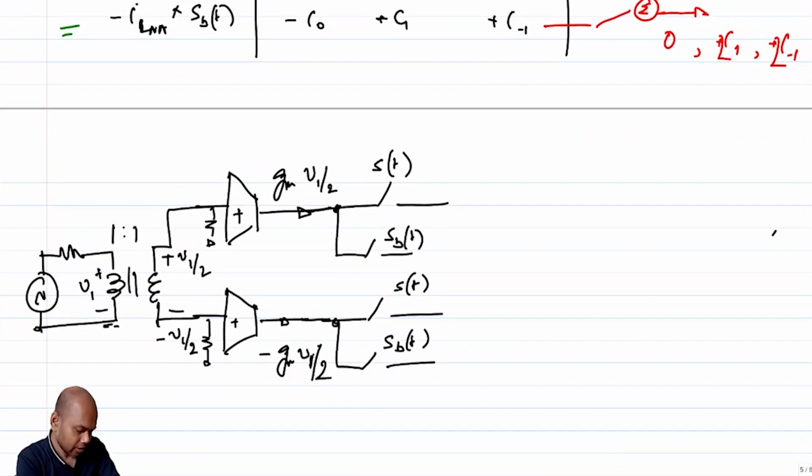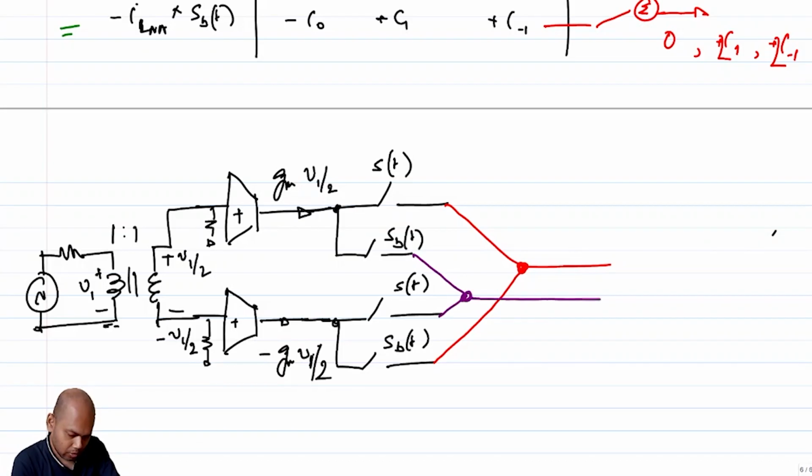So basically you are adding up these two wires, just join them, and you join up these two wires, right?